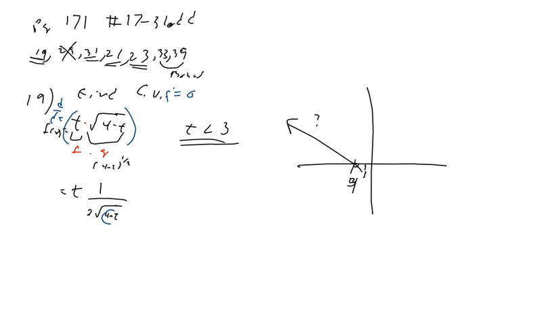This is my inside function, and so I need to do a chain rule here. Derivative of the outside times derivative of the inside. And the derivative of this inside part is negative 1, because of my negative t here. So this is going to be negative 1 over 2 root 4 minus t.